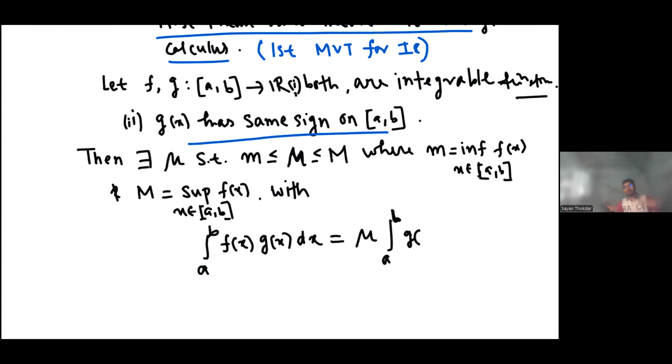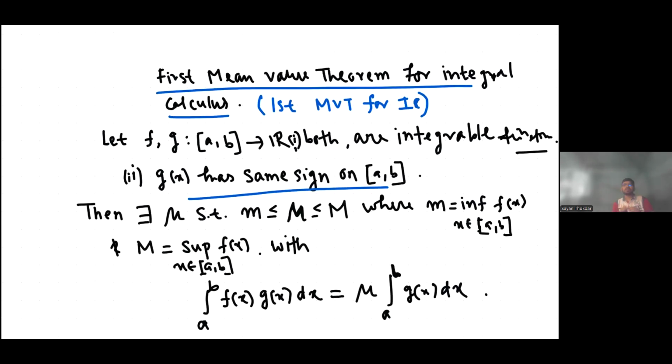Is the statement clear? So that is the first mean value theorem for integral calculus. If you are given two Riemann integrable functions, and one of them has the same sign throughout the interval, and you want to compute the integral of their product, then there exists some number mu such that small m is less than or equal to mu, which is less than or equal to capital M.